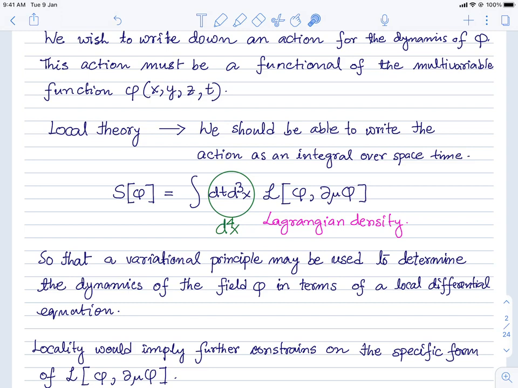Then it is possible to write down an equation of motion valid at every point in space and time. That idea is what I'm calling locality: a partial differential equation valid at every point in space and time, which can be obtained only when we write down a Lagrangian density and perform the variation.